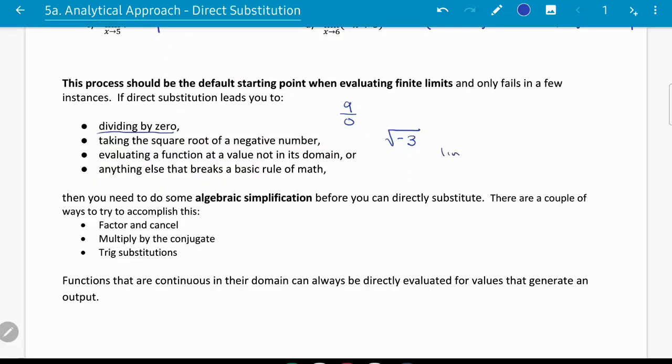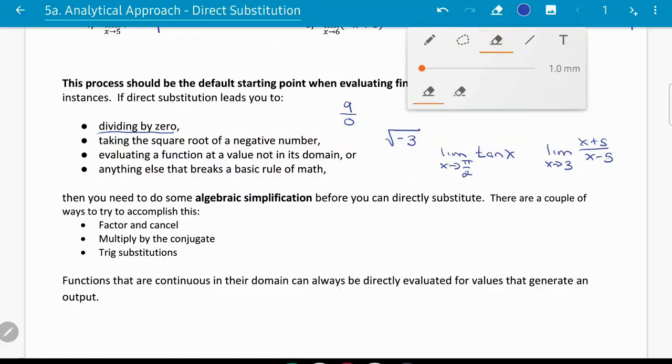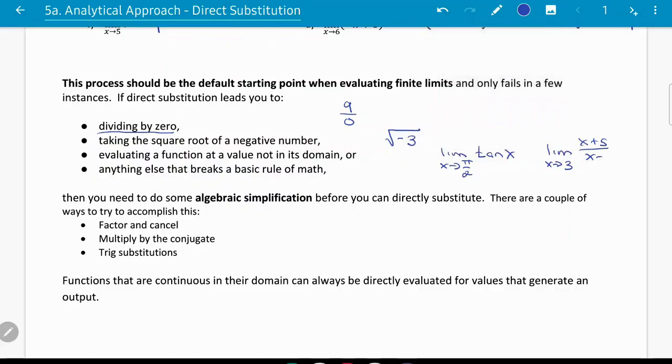For example, the limit as x approaches pi over 2 of tangent x, or the limit as x approaches 3 of x plus 5 over x minus 3, or anything else that breaks a basic rule of math.